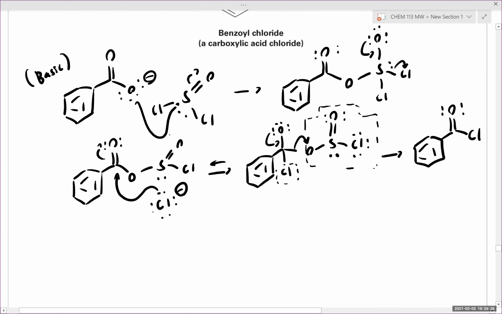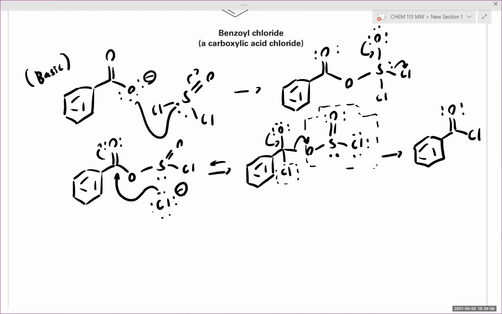Our nucleophile attacks, we have a tetrahedral intermediate, it collapses down, we attack our carbonyl carbon, we make a tetrahedral intermediate, and that tetrahedral intermediate collapses. Does that idea make sense for basic conditions for carbonyl substitution? Any questions on this mechanism?